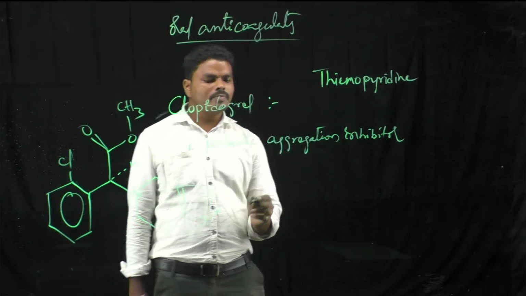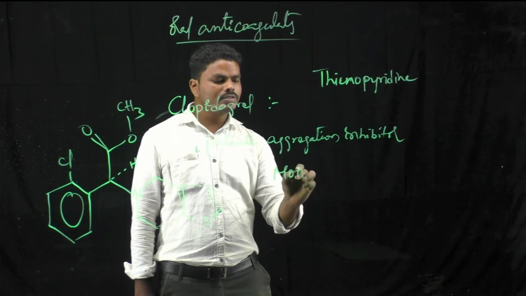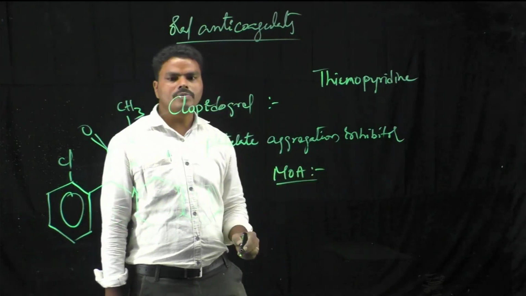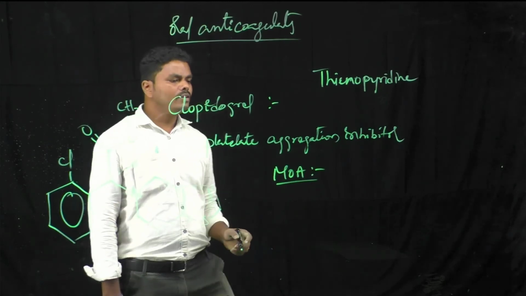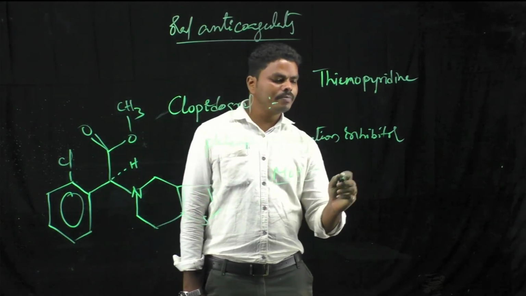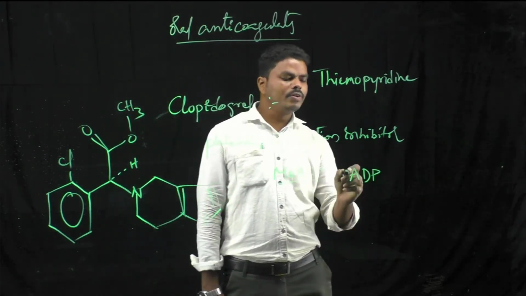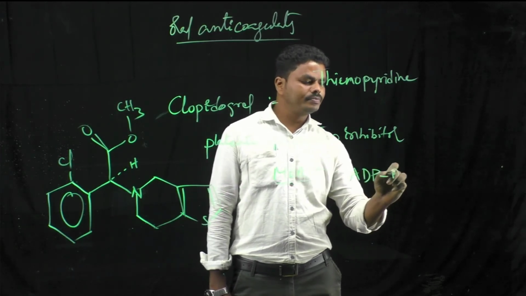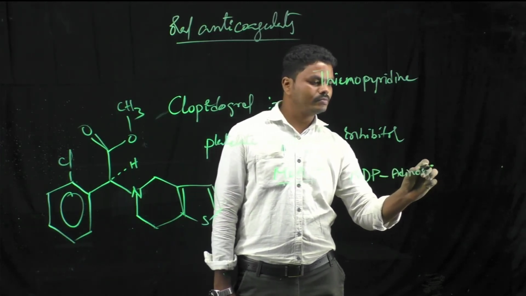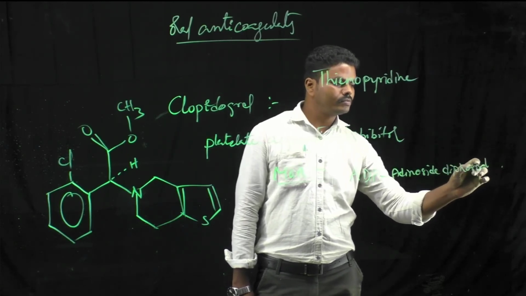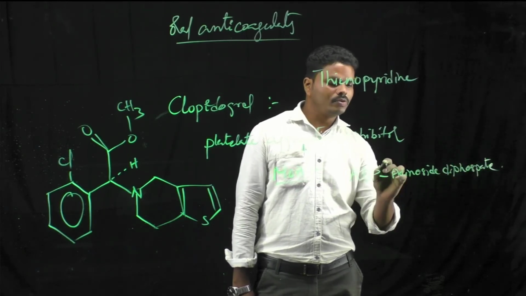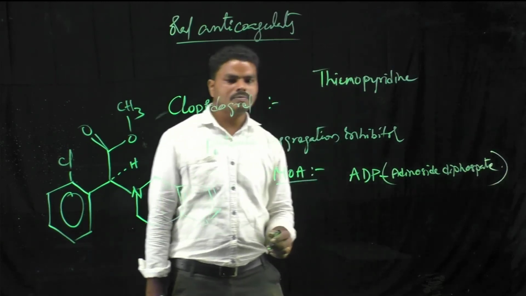And coming to the mechanism of action of clopidogrel, this drug or its active metabolite directly inhibits the binding of ADP, adenosine diphosphate, to its binding site on platelets.